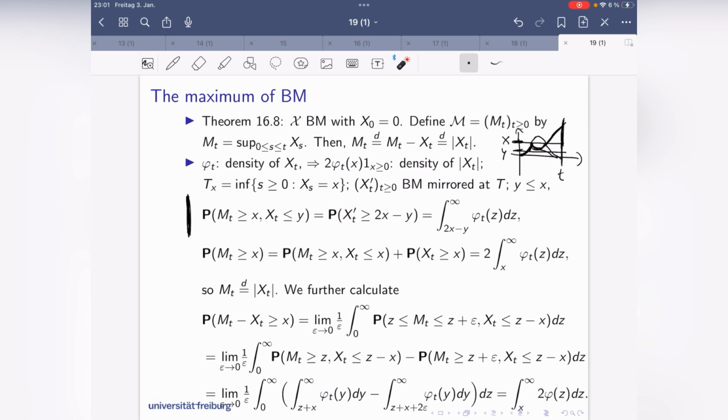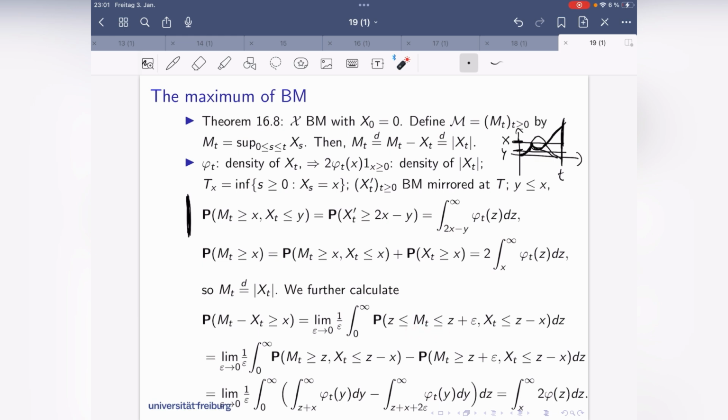For the second claim, we have M_t minus X_t. Well, how can that arise? So how does M_t minus X_t arise? And here I just wrote it down a bit more complex. So M_t is between z and z plus epsilon for some z, which I integrate over.